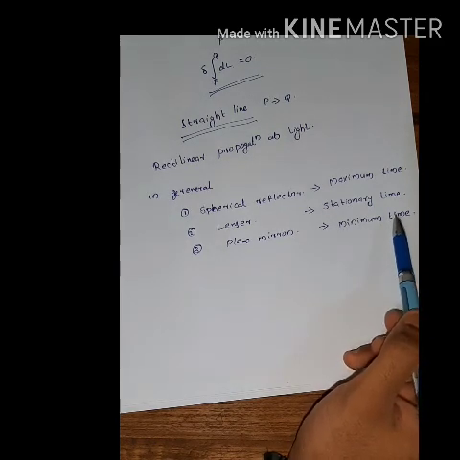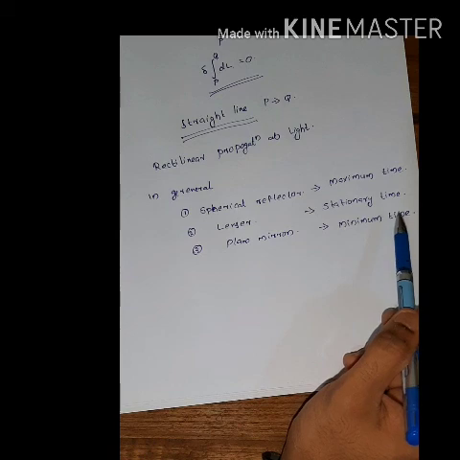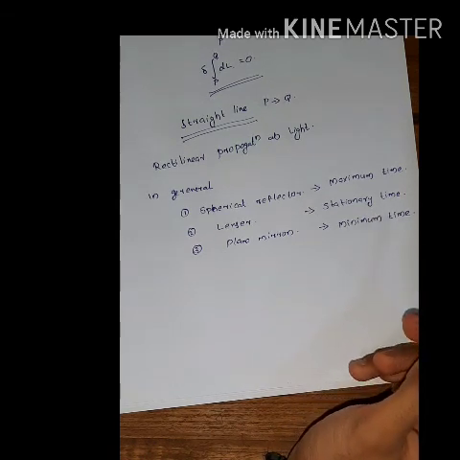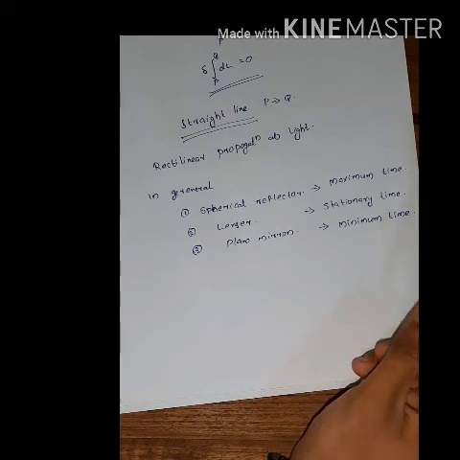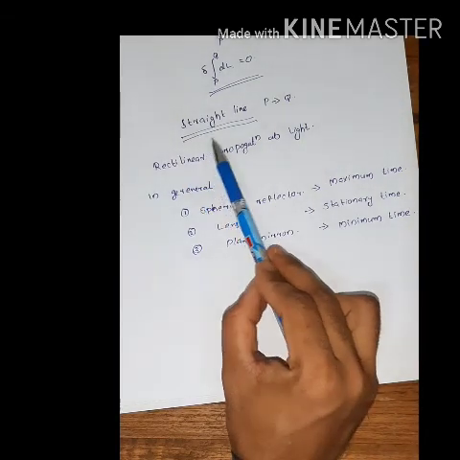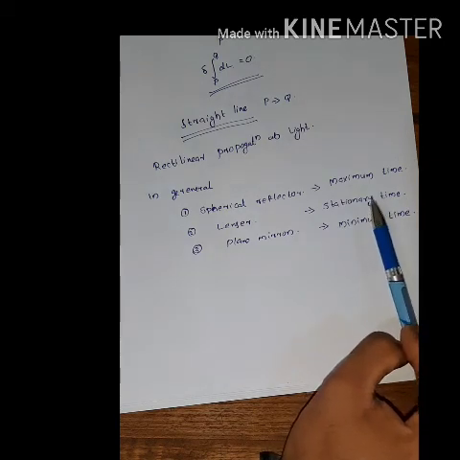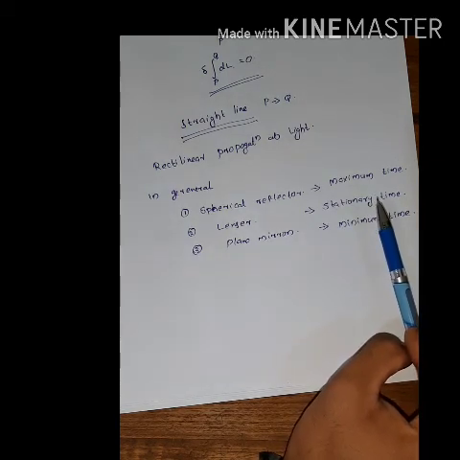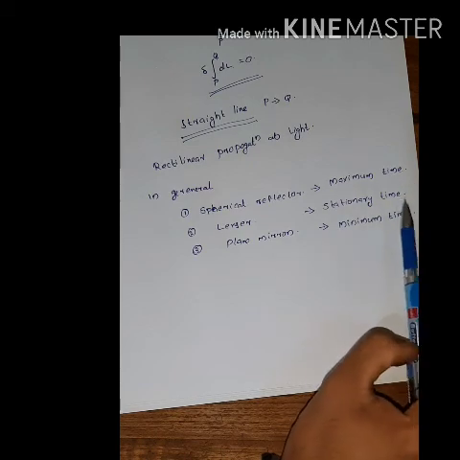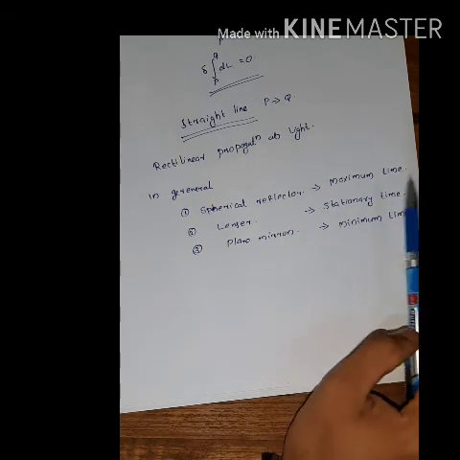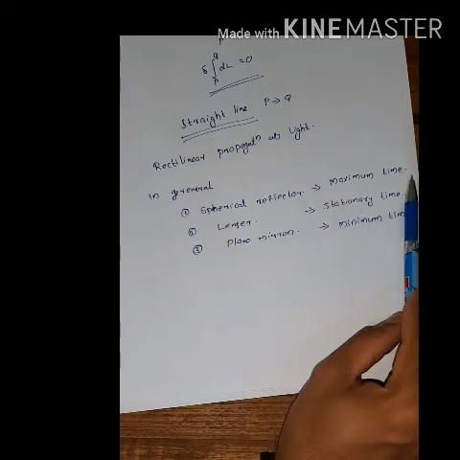Fermat's principle is a theoretical observation, and in our experimental observations this minimum time is not possible in all cases. Some cases choose the stationary time, some cases choose the maximum time.